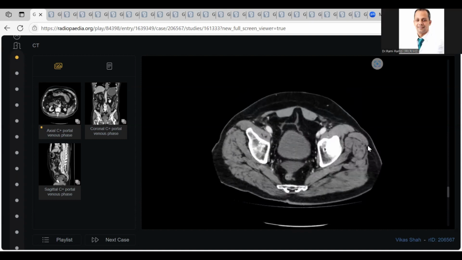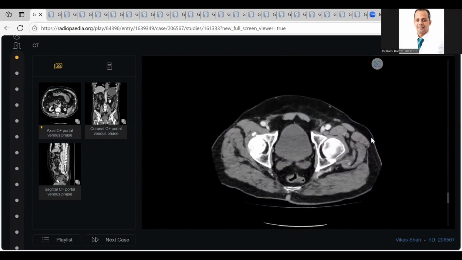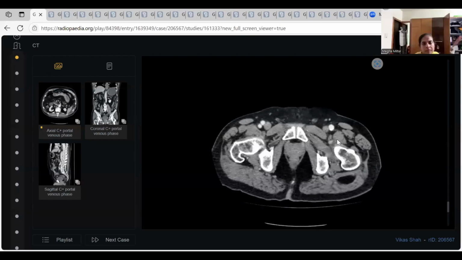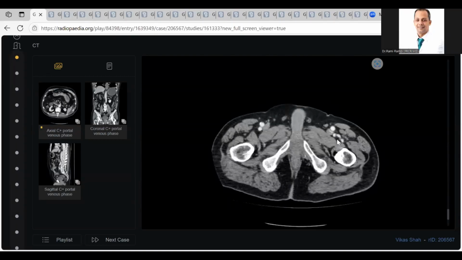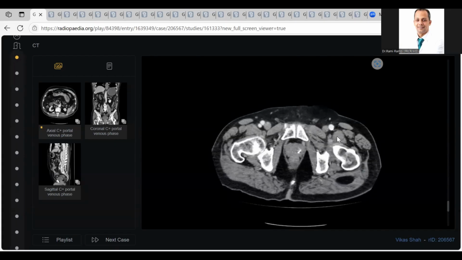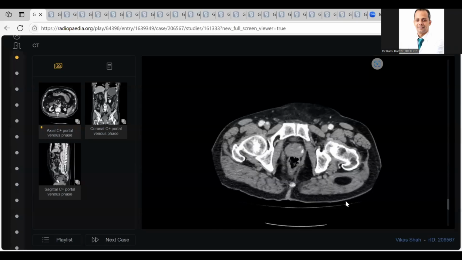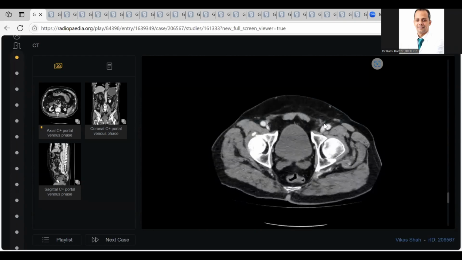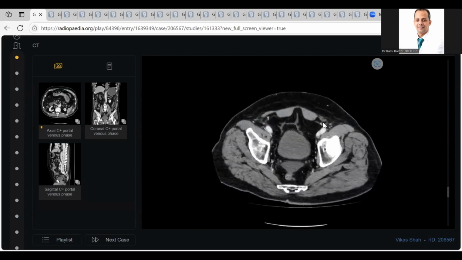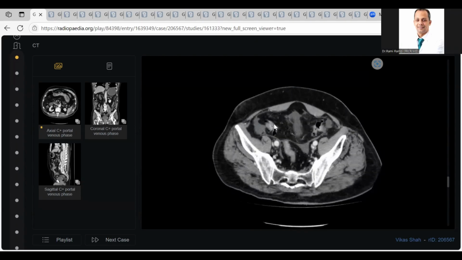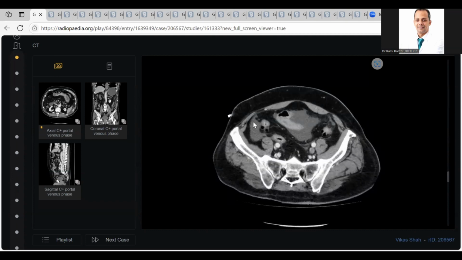In my routine practice, I would scroll through the coronal sections and the lung window to see if there is any perforation or any other complication. There is an incidental lipomatous or fatty lesion in the muscles of the buttock, I guess the left gluteus maximus. There is also some mural stratification along the ileal loops in the pelvis.